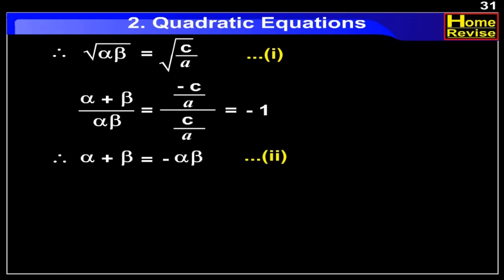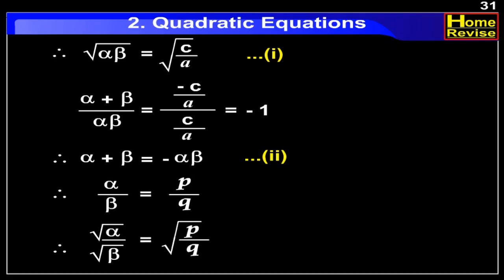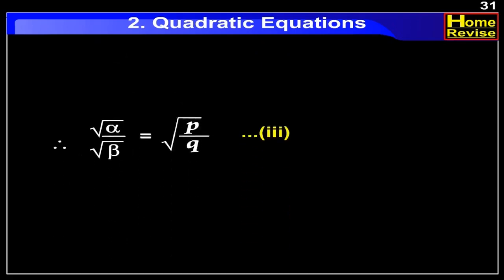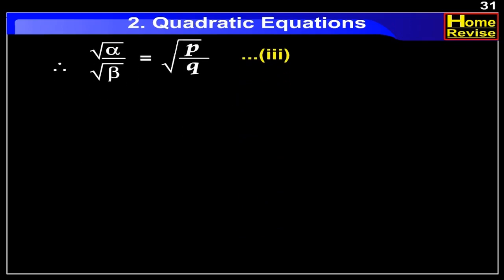Now, it is given that alpha upon beta is equal to p upon q. Therefore, root alpha upon root beta is equal to root p upon q. Let this be equation number 3. By invertendo, we have root beta upon root alpha is equal to root q upon p.